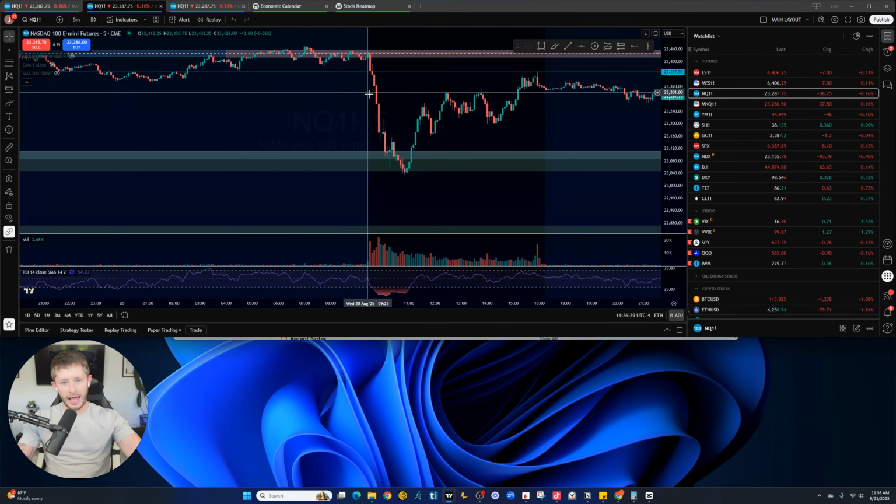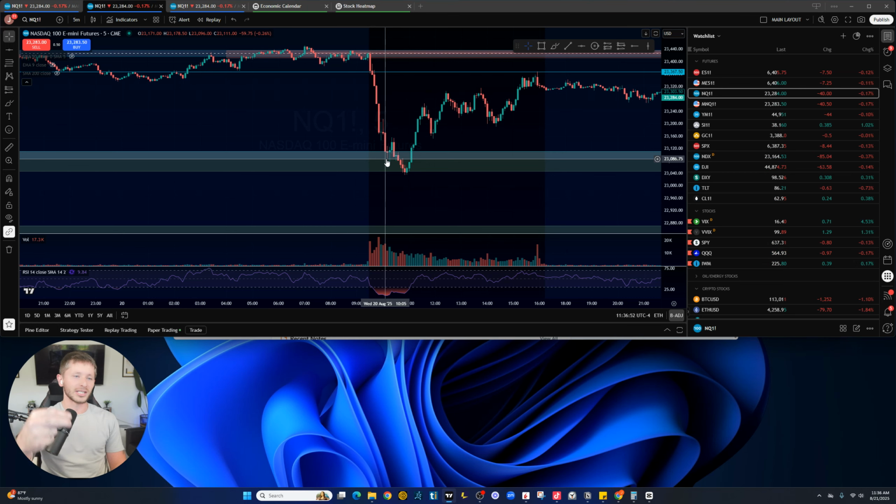As price is coming into, say, like that daily zone, you're able to read price action clearly on a 5-minute or even a 2-minute at these levels to validate entries on your trades based on price action. So it's going to be easier to see that on your lower time frame, but you're still definitely doing analysis on every time frame, the weekly, the monthly, the daily, the 4 hour, the 1 hour. But when it comes down to actually taking the trades, that's when you start stepping down to like a 2-minute or a 5-minute time frame.